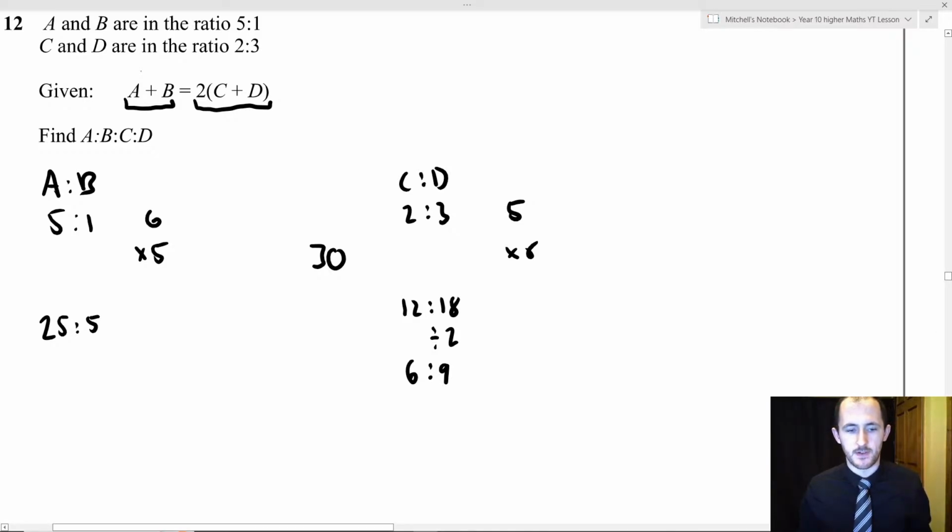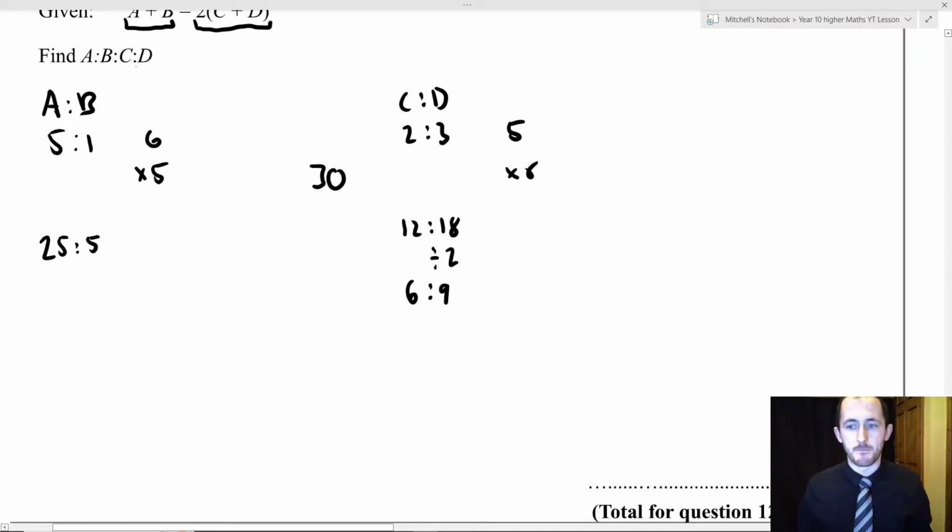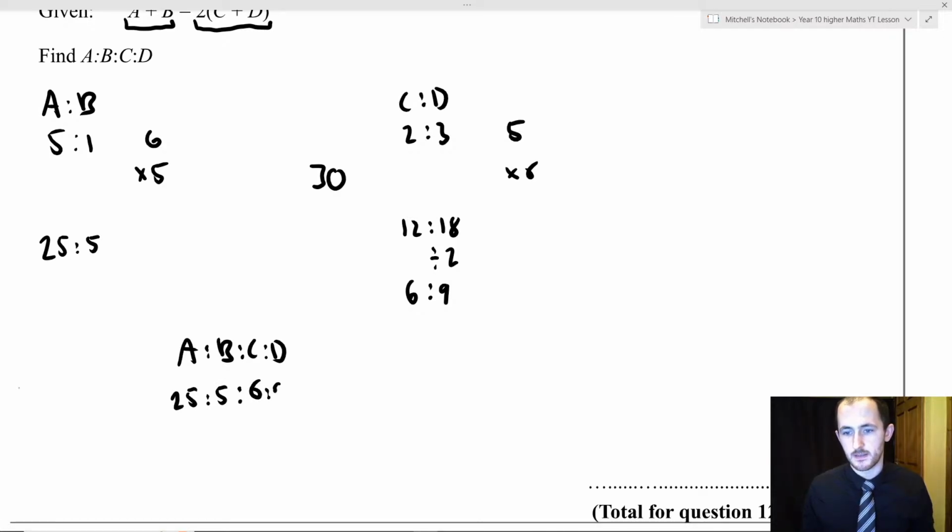And that will give me 6 to 9. Is that okay so far? And because we've split up 30 parts evenly between A, B, C and D, we now have our final answer for A to B to C to D. It's going to be 25 to 5 to 6 to 9.